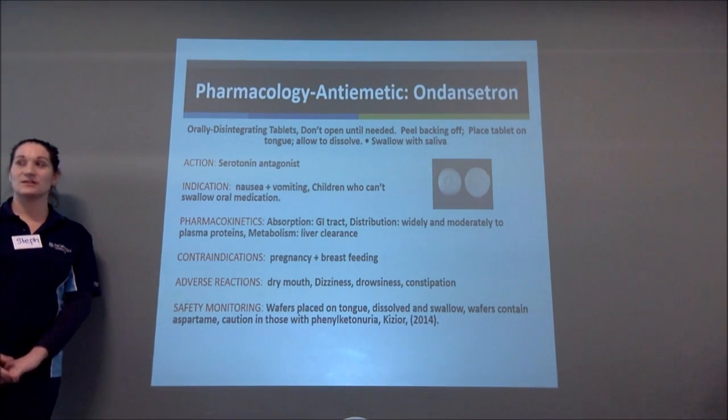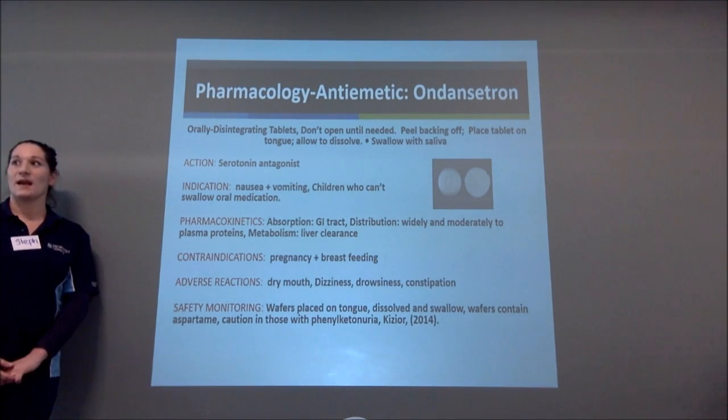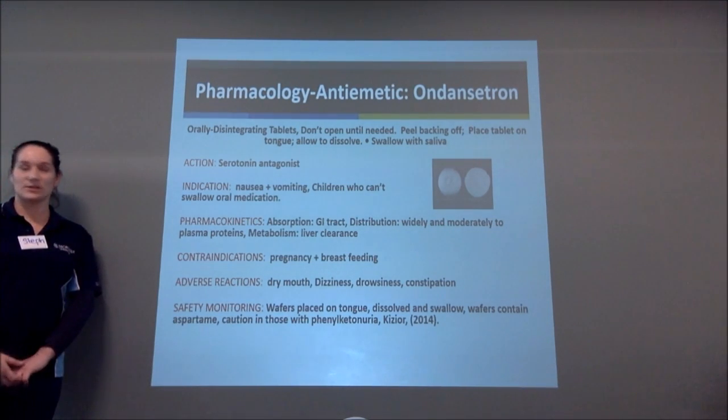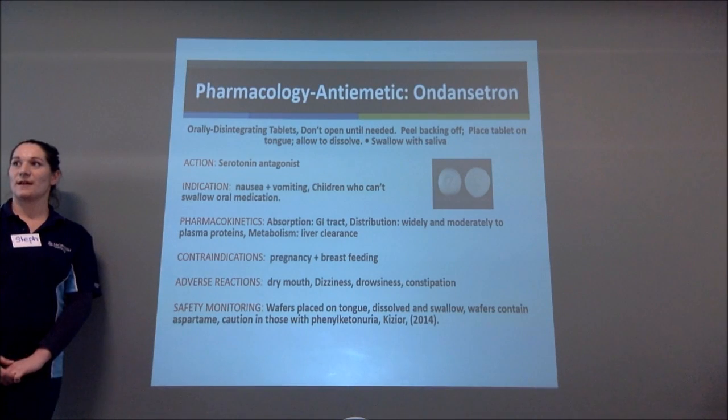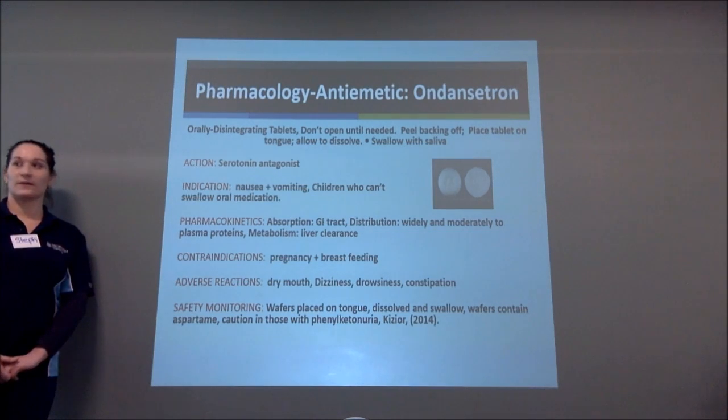It's absorbed in the GI tract, metabolized in the liver, excreted in the urine, and the contraindications include use of apomorphine. Side effects include anxiety, dizziness, drowsiness, headaches, fatigue, constipation, diarrhea, hypoxia, urinary retention, and occasionally abdominal pain, fever or a feeling of cold.